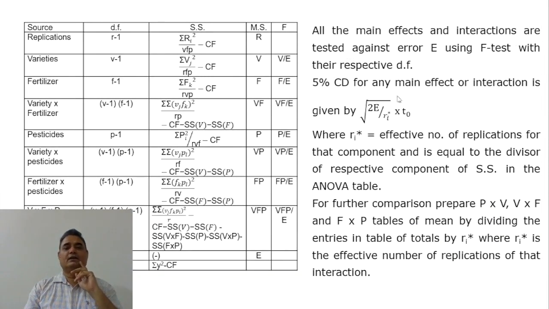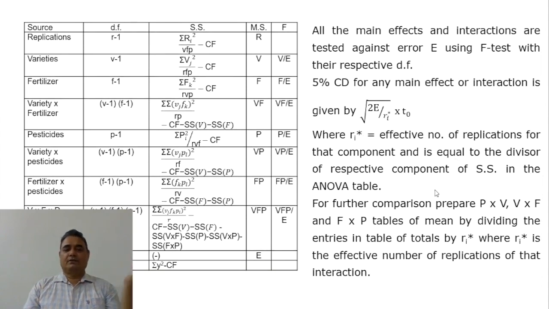The 5% CD for any main effect or interaction is given by the formula square root of 2 EMS upon Ri star multiplied by t, where Ri star is the effective number of replications for that component and is equal to the divisor of the respective component of SS in the ANOVA table. When you prepare the ANOVA table and compute the SS, that divisor is your R star.